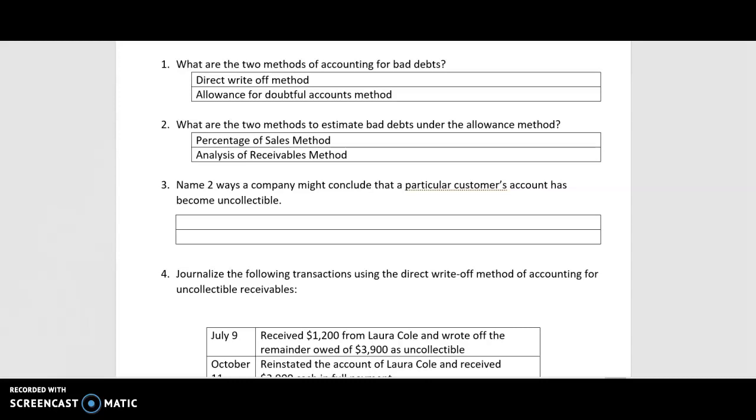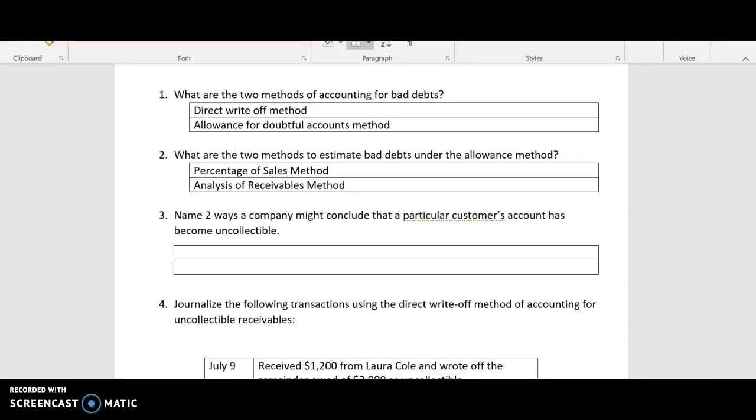This is where we look at the aging of the accounts receivable, and using those numbers, we calculate. And when we calculate, we are determining how much we want to be in our allowance account.